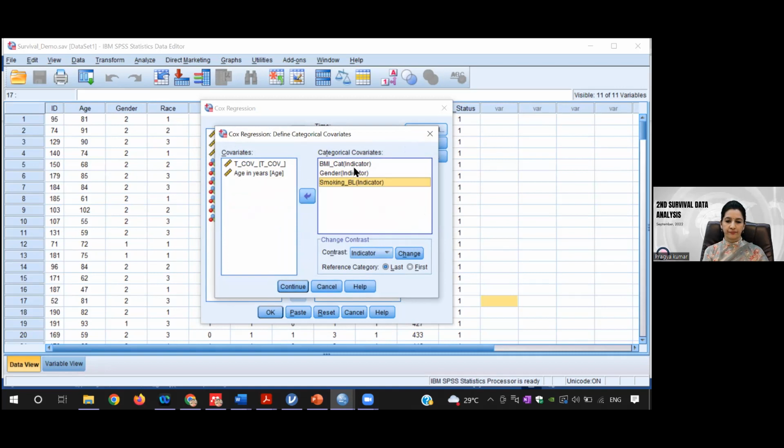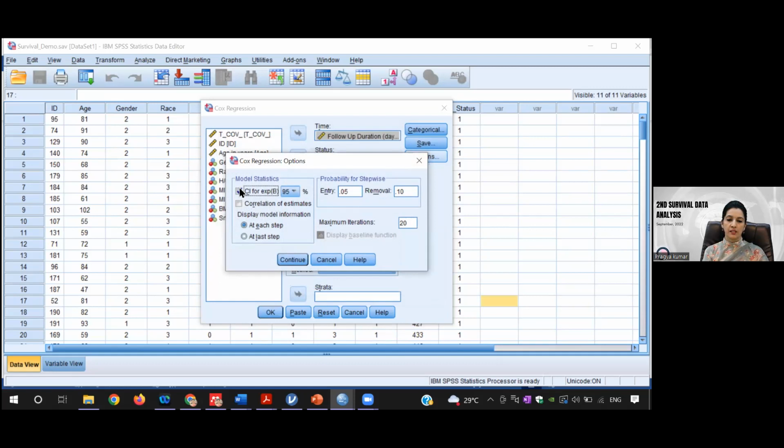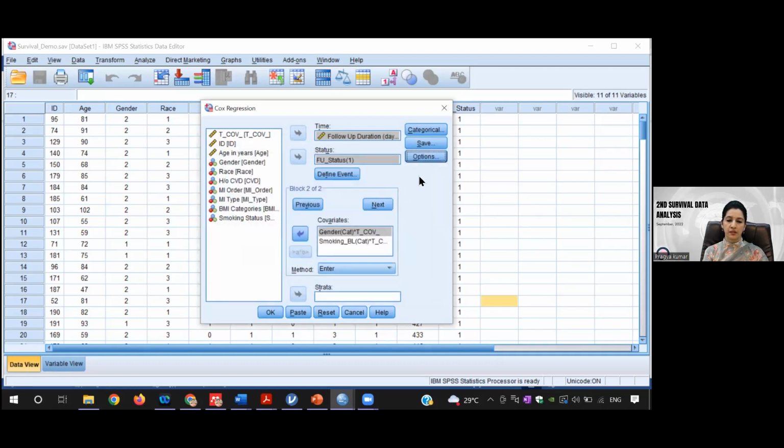Then you select all these three, because last time I made one mistake and did not select them. I clicked this first and then pressed Change. Now all these reference categories have changed. Now I press continue. I go to Options, click the CI for 95% interval, continue.